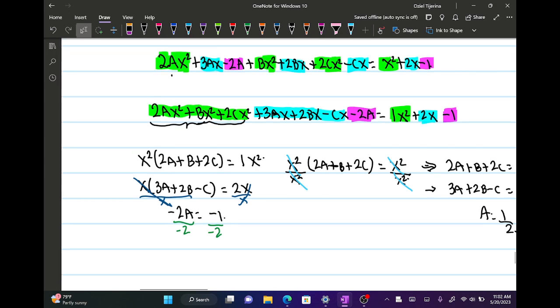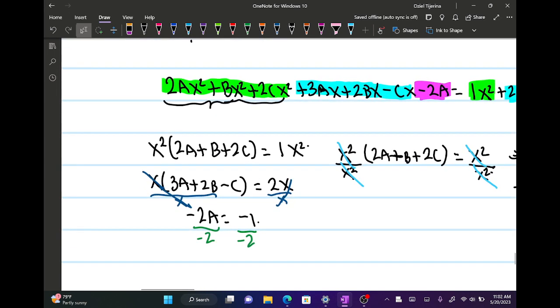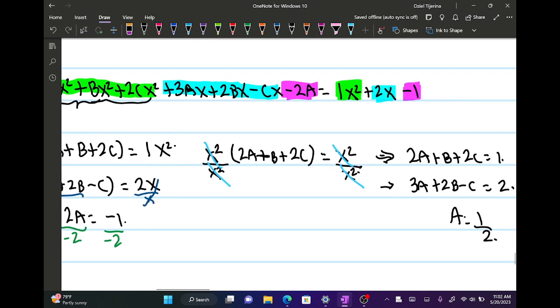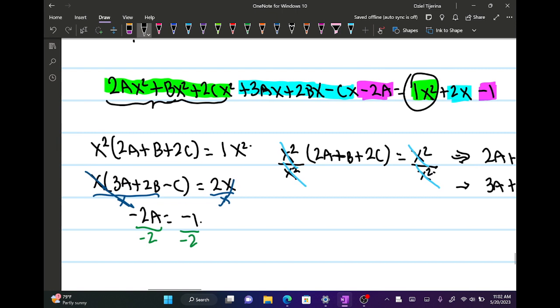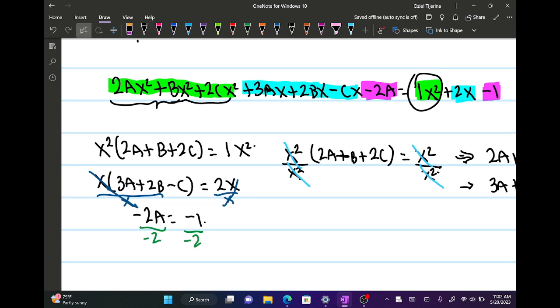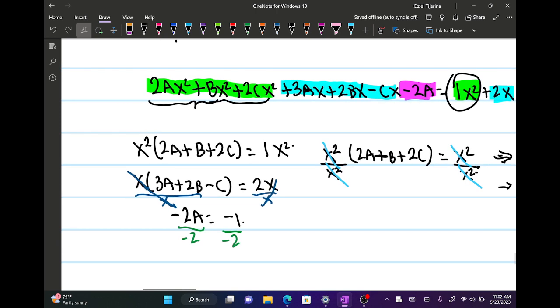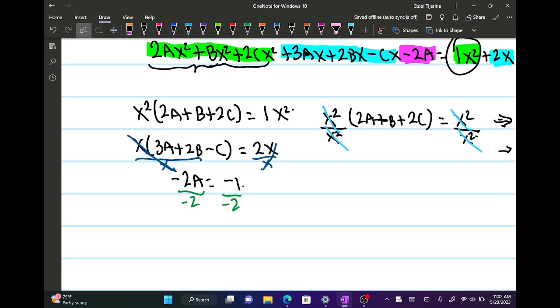So once I did that, I took out the x squared term. I literally took this out and put it on the outside, and I made it equal to 1x squared, because that was the leading coefficient of x squared.